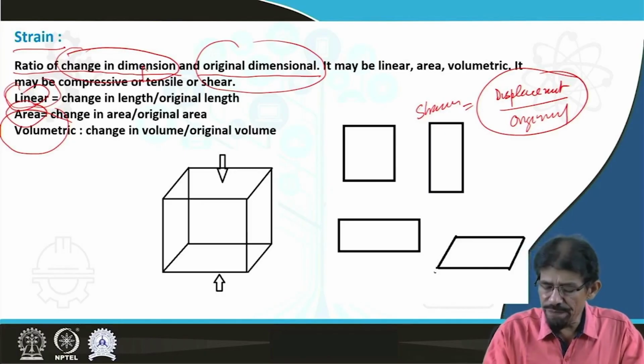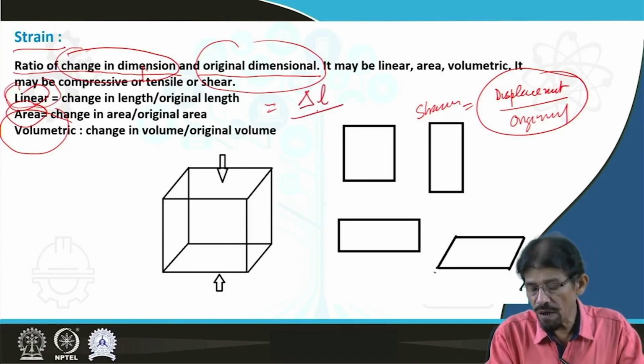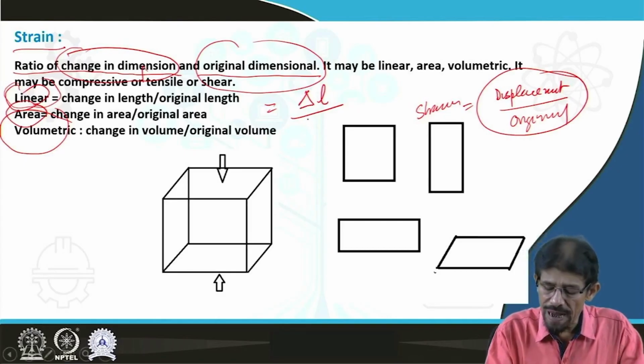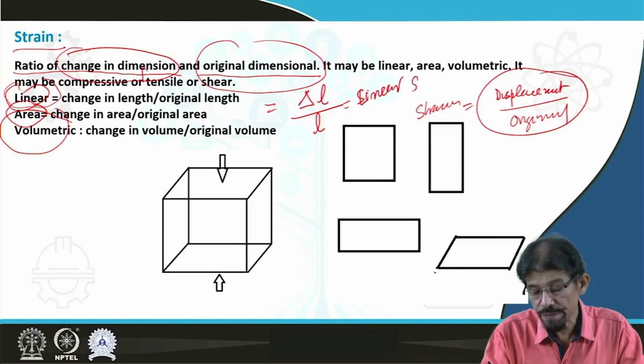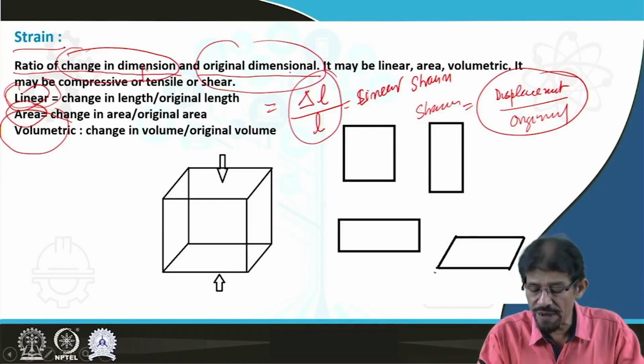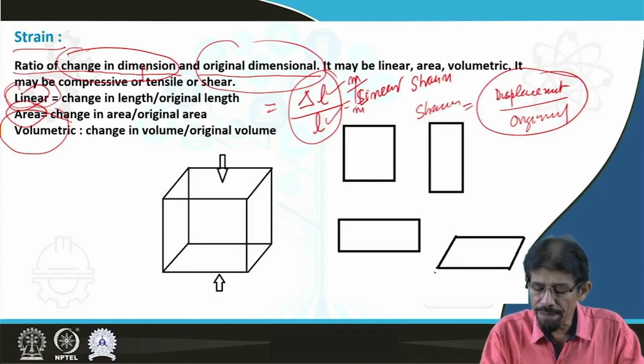In the linear case, the change in length of a rock sample or any object with respect to the original length is recognized as linear strain. Delta L has the same dimension as L, so the ratio is dimensionless.